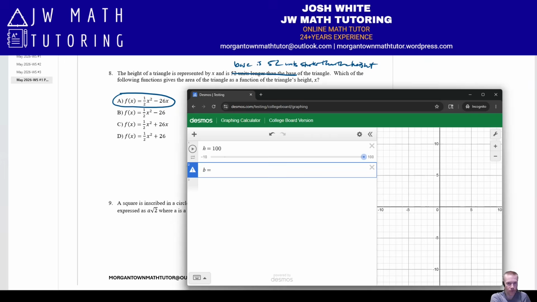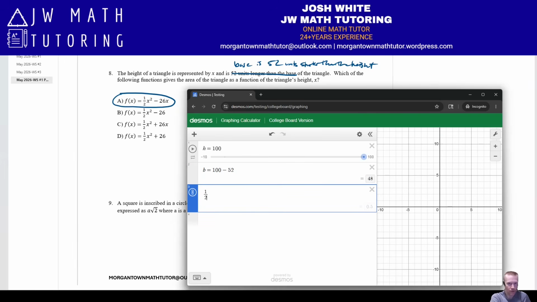Therefore, the base is going to be 52 units less than that, or 48. Now I would calculate the area of 1/2 base times height. That's 2400. So now we go through each answer choice, and notice what I'm plugging in is the height. Again, x is equal to the height. So I can just put the h here. Notice for answer choice A, I get 2400, which is correct.